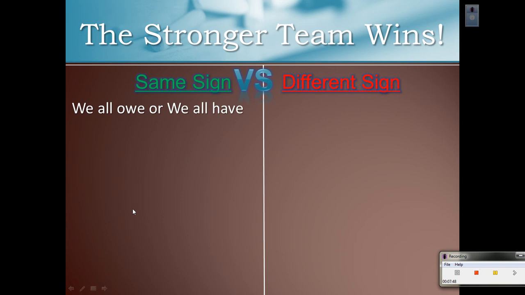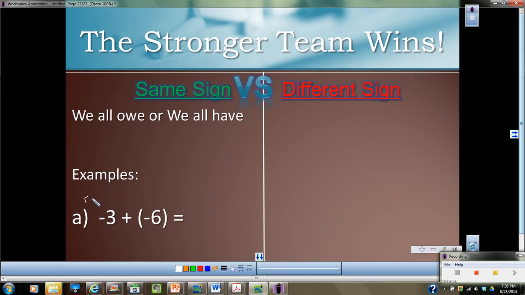So let's look at some examples, and we'll go through this very quickly because I'm running out of time. This is an example of owe. So I owe $3 and I owe $6. So if I think about that story, I owe one friend $3 and I owe another friend $6.